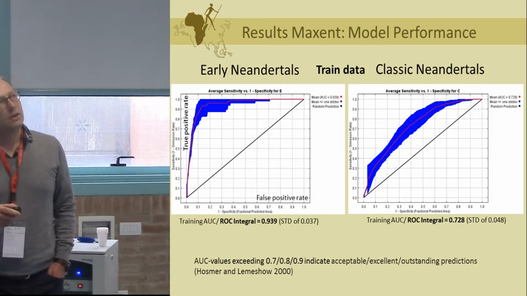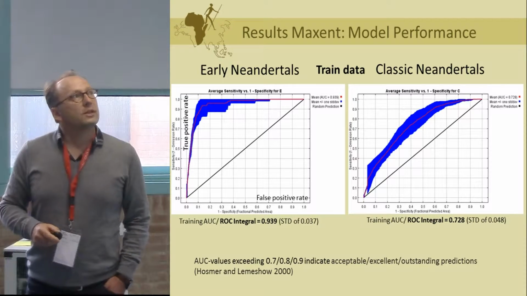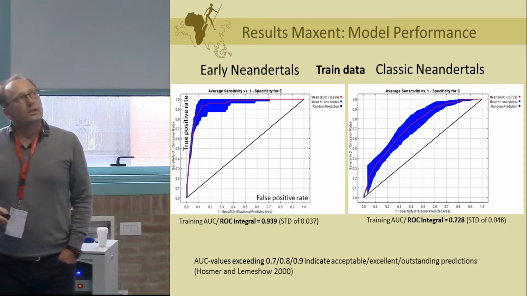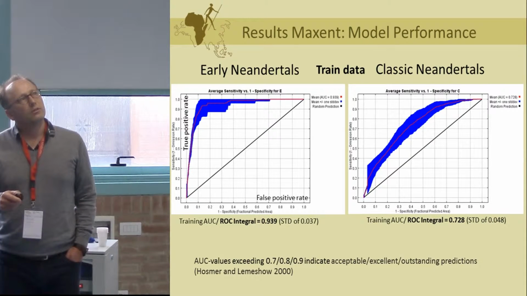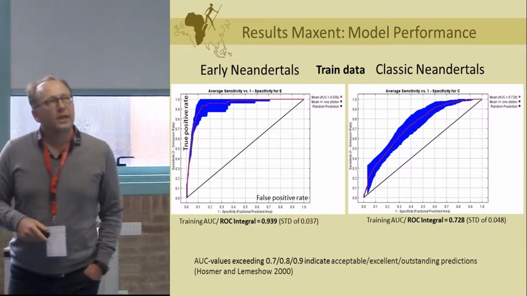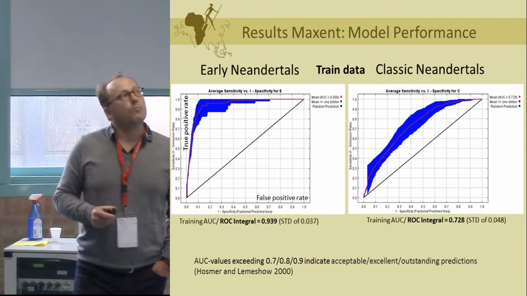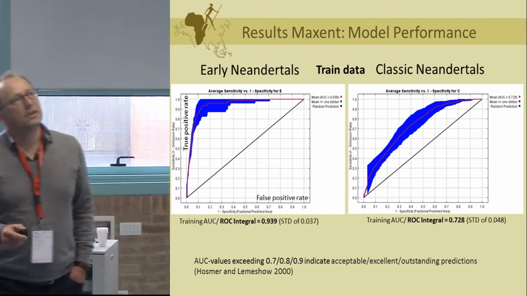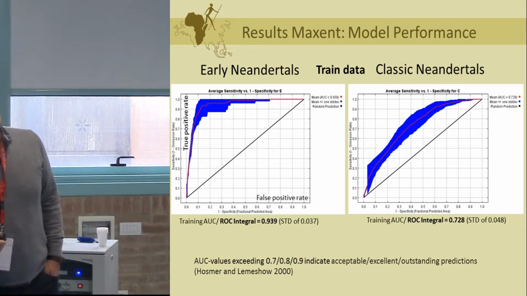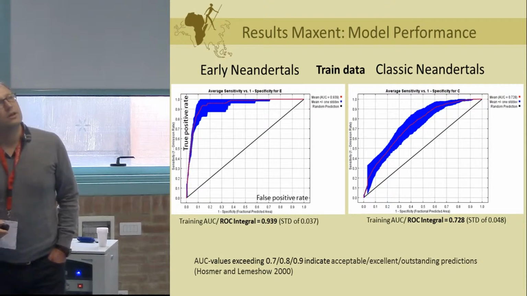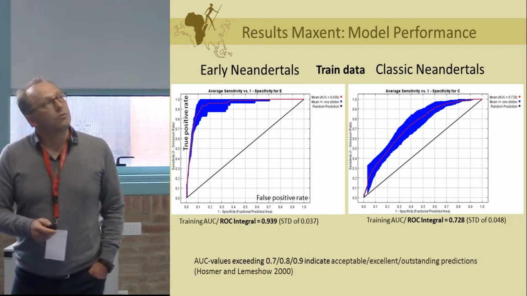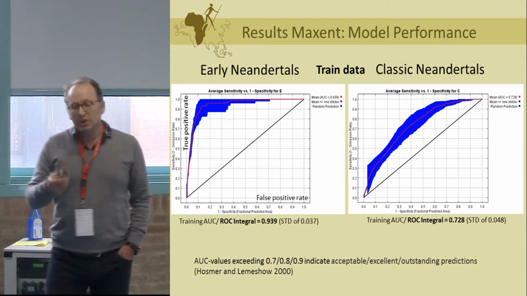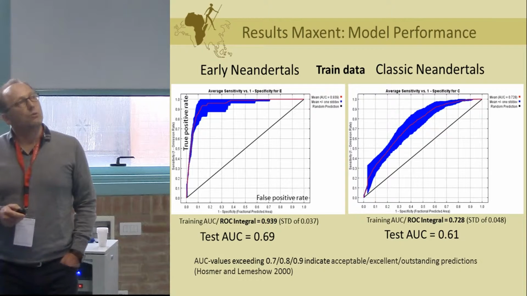As you see over here, if AUC values exceed 0.7, 0.8, 0.9, we have acceptable, excellent, or outstanding results. So in this case, the Maxent model yields a ROC integral of 0.9, which means we have an excellent, outstanding model performance. For the classic Neanderthals, it's a little bit less, and then we have 0.7 as the area under the ROC curve. So that means the models are performing quite well.